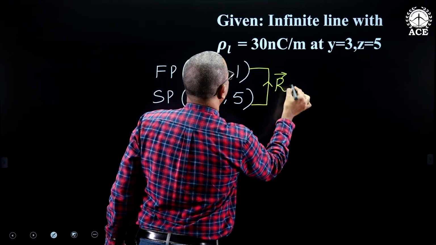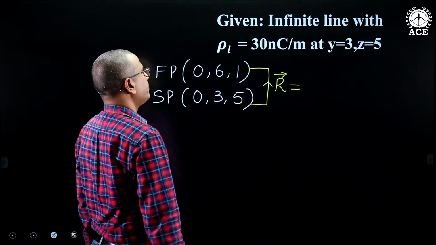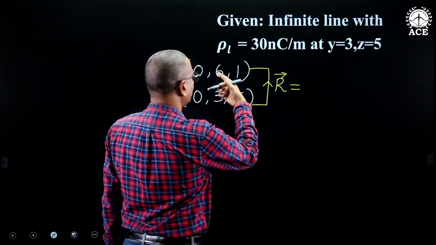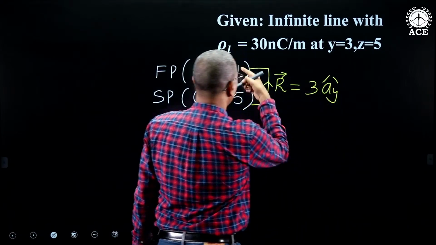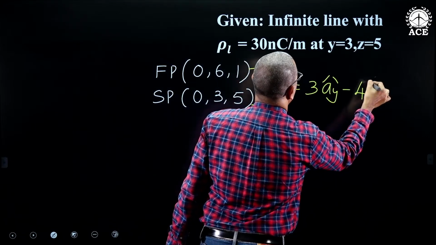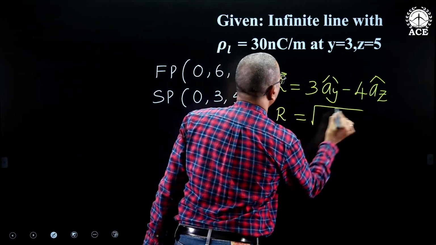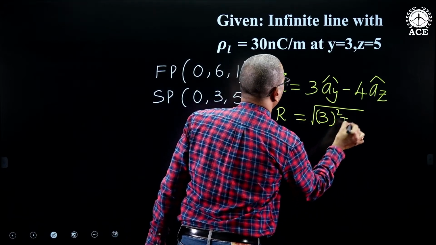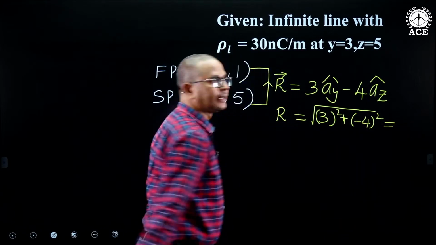Tell me what is the displacement R bar? R bar is FP minus SP. 0 minus 0, 0. 6 minus 3, 3 aY cap. 1 minus 5, minus 4 aZ cap. Once we know this, dear students, what is R? Square root of 3 square plus minus 4 whole square, plus 0.